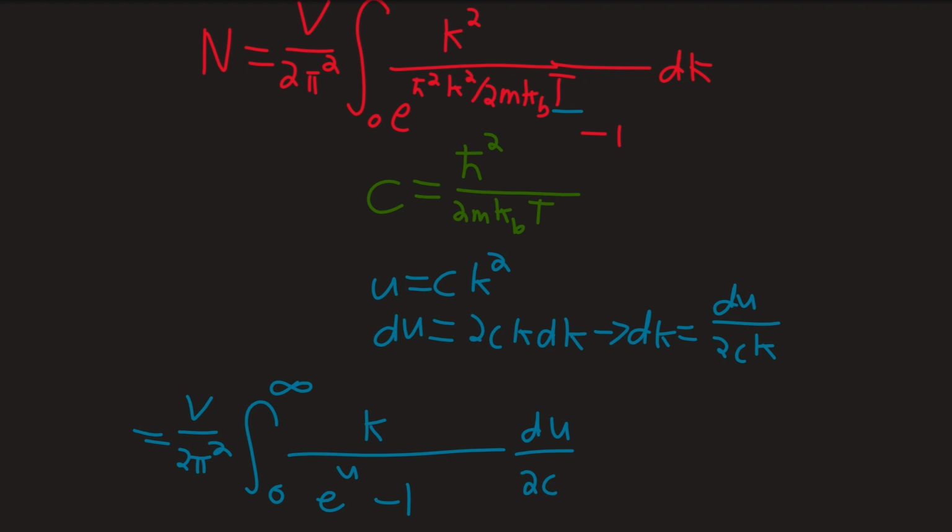But we still have this k right here, and all we have to do to get rid of that is just solve for k right here, and we find that k is just equal to the square root of u over c. Moving this 2c, actually I'll sub it in, then move everything out.